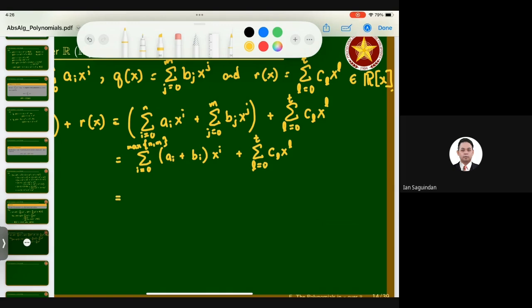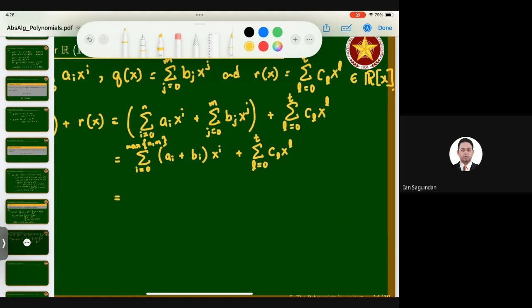So we can now proceed with their sum, which will be the summation of, take note, first term is a sub i plus b sub i. So we are going to get the terms that can move simultaneously with the i terms of the first polynomial. We're just going to use the same indexing set, so the indexing variable l will be dominated by the indexing variable i.